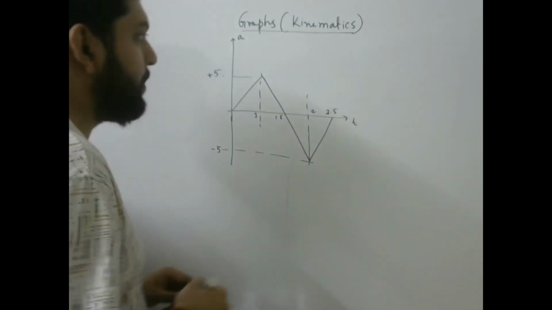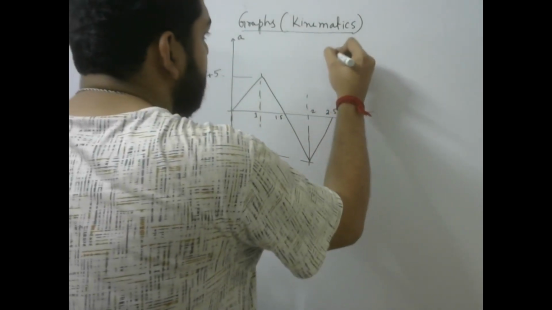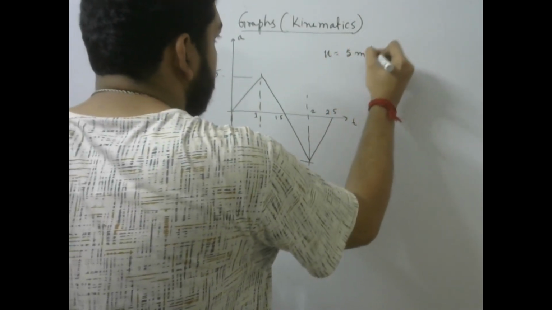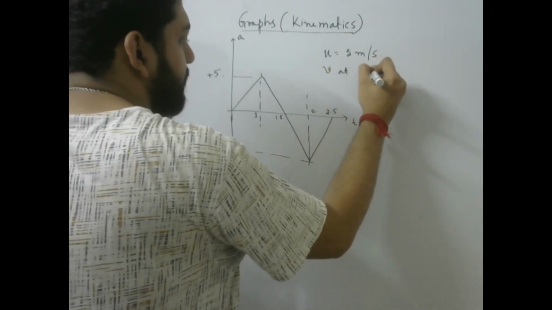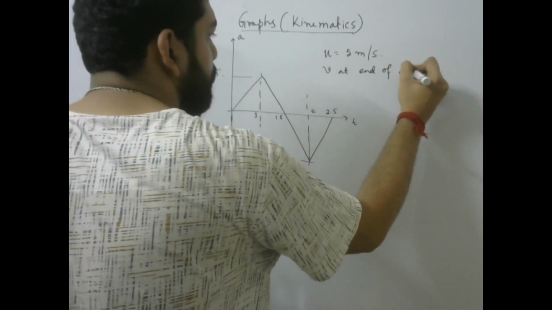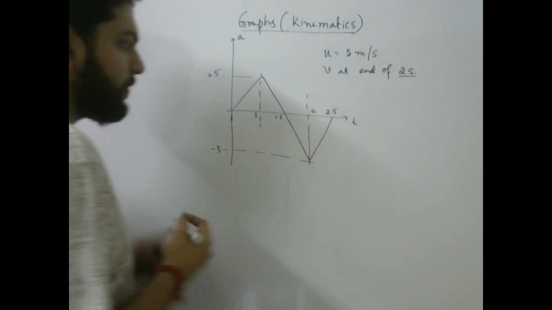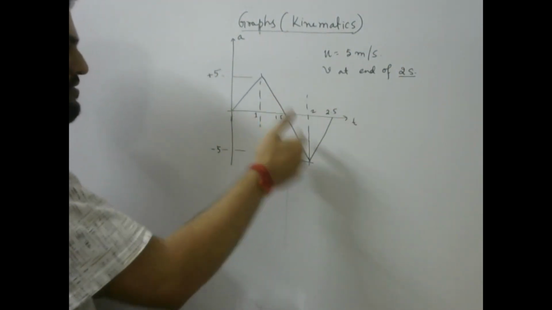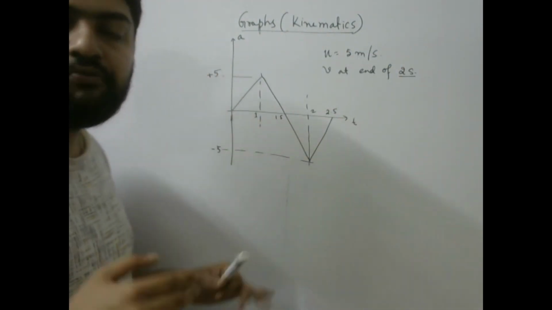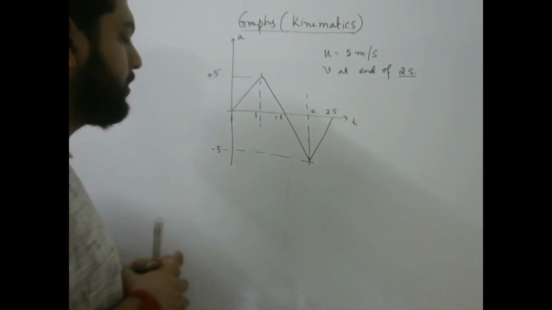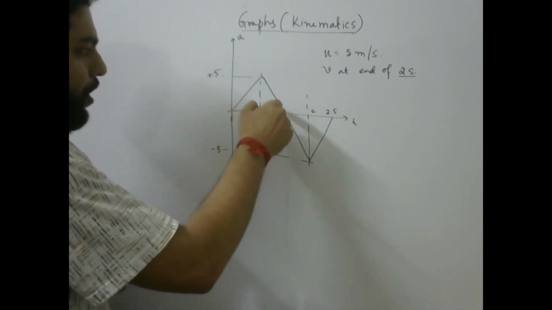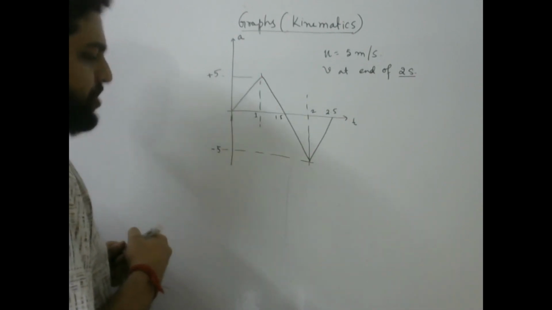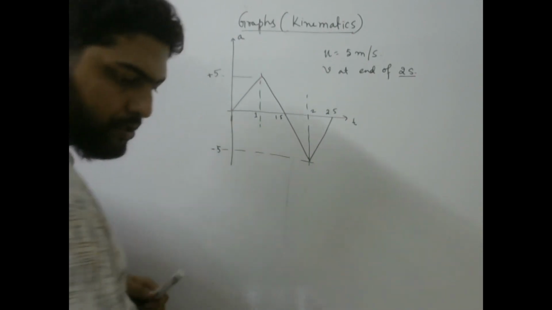So in this particular problem, suppose the initial velocity u is given as 5 meters per second and they ask what is the velocity at the end of 2 seconds. So we need to calculate the area under this graph. Which area are we looking for?